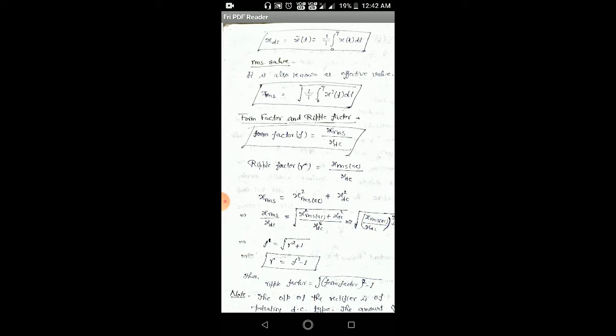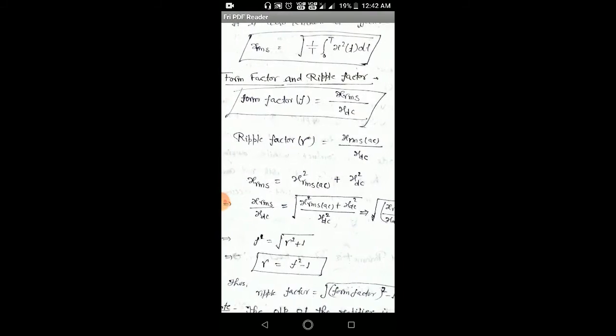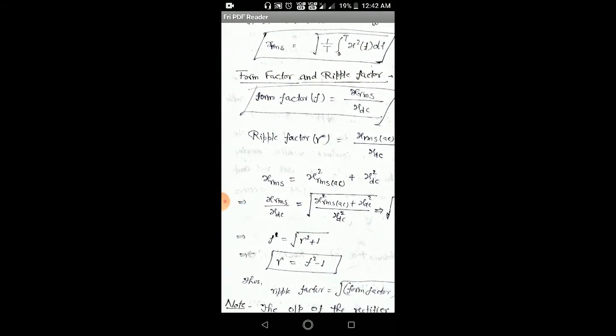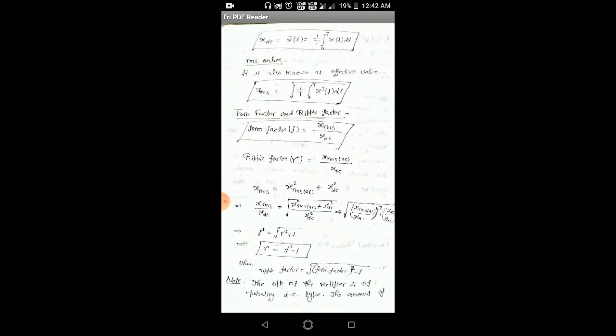X RMS AC is the AC component of the RMS value, and the relation between x RMS AC and x RMS is that x RMS equals under root x RMS AC square plus x DC square. If you divide on both sides by x DC, we can write x RMS upon x DC equal to under root x RMS AC square plus x DC square upon x DC square.